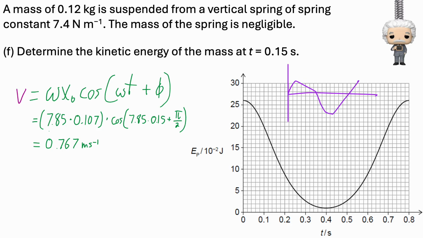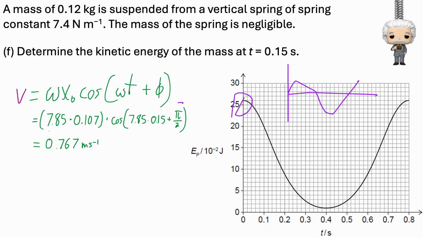So the phase difference here, because Einstein starts at his maximum potential energy, requires a difference of pi over 2 radians, which is what we have as phi in the equation.